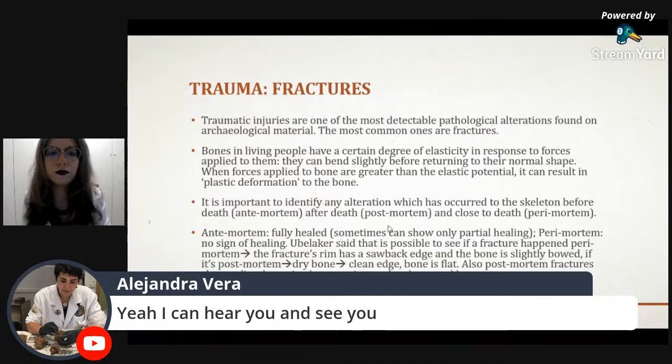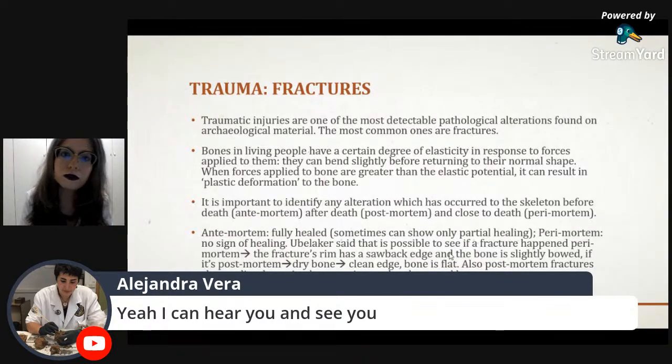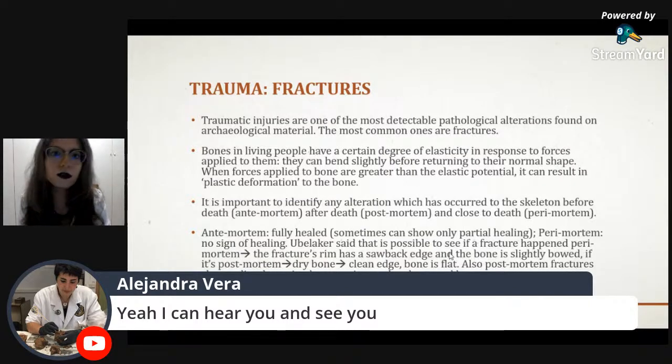An ante-mortem injury will present a fully healed structure. As we saw yesterday, a fully healed alveolus in the jaw, when I was presenting to you teeth wear, teeth loss, and so on. Perimortem, which is close to the time of death, generally shows no signs of healing.